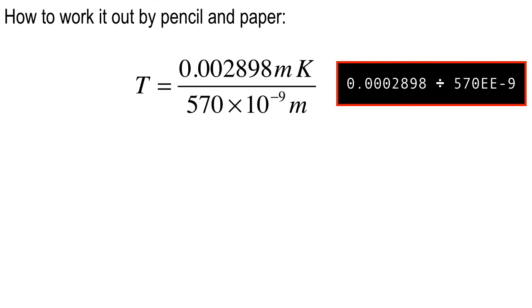Now, on a calculator, it's easy as walking through the proverbial park. All you got to do is this thing in the black rectangle. Type in 0.002898 and then the divide sign, and then on my calculator 570 and then the EE button and then the minus and then the 9 button and then hit equals and you'll get the answer.